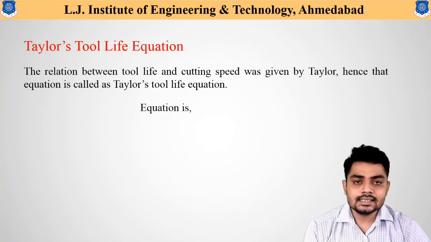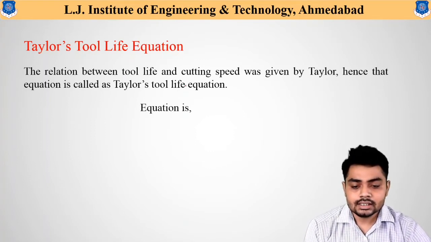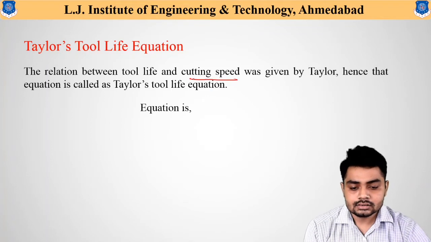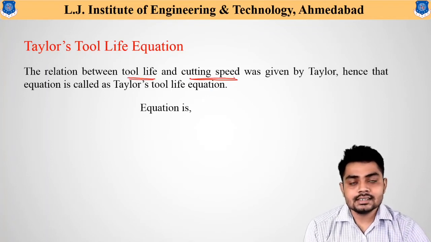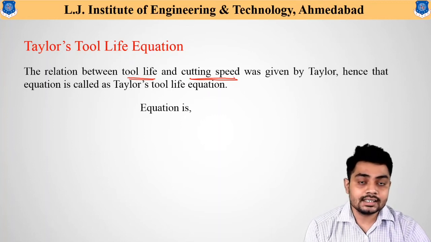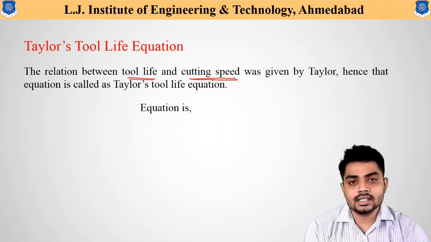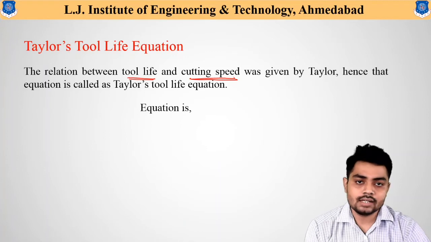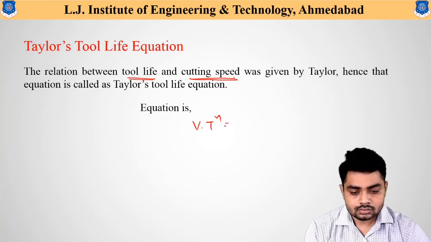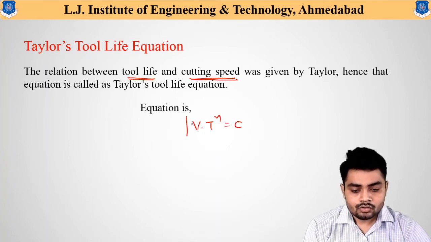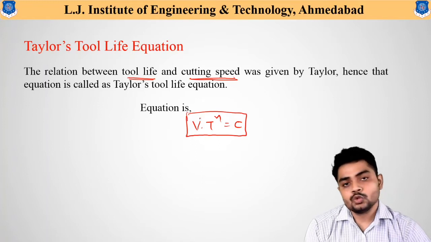Taylor has given the relationship between cutting speed and tool life, and that's why this equation is called Taylor's tool life equation. So Taylor's tool life equation is V multiplied by T to the power of N equal to constant.